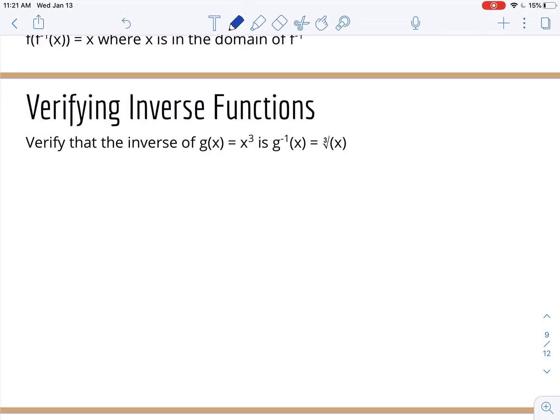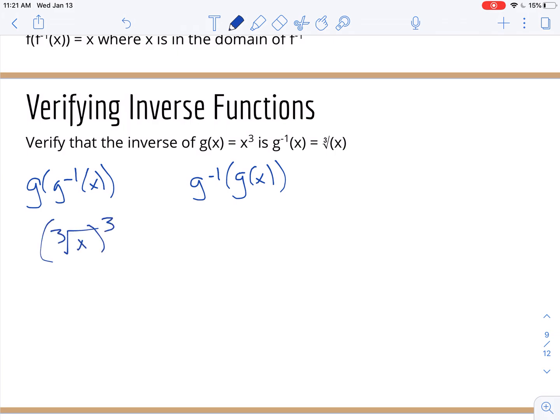So looking at here, verify that the inverse of g of x, so x cubed, is the inverse function of the cube root of x. So what I need to do here is find g as composed by the inverse of g, and find the inverse of g as composed by g. So if I plug the inverse function that I'm being told here into my function, these cross out and I'm left with x.